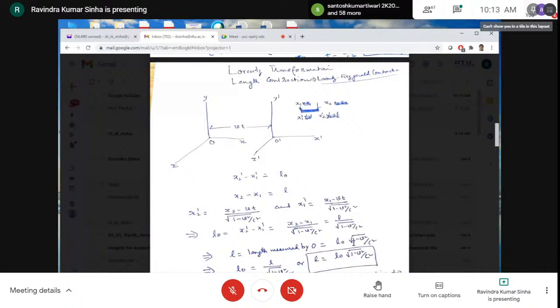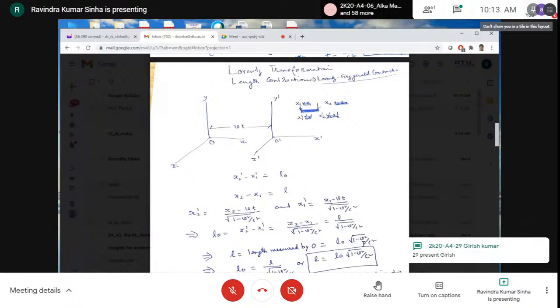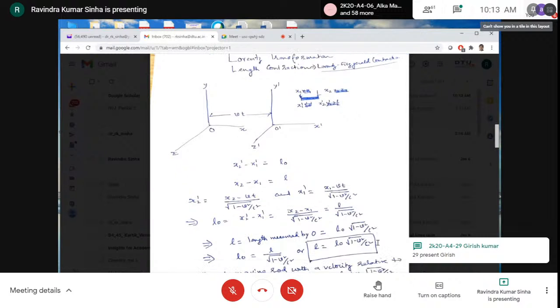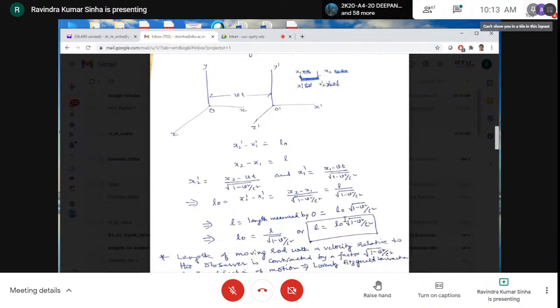Of course, it will depend on the correction factor, that is square root of 1 minus v square by c square. So we write L is equal to L0 into square root of 1 minus v square by c square, or in this manner. So this is the original length and this is the contracted length. Okay, that is contracted length means you are measuring from the other frame of reference.